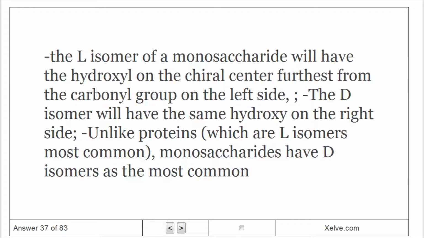The L isomer of a monosaccharide will have the hydroxyl on the chiral center furthest from the carbonyl group on the left side. The D isomer will have the same hydroxyl on the right side. Unlike proteins, where L isomers are most common, monosaccharides have D isomers as the most common.